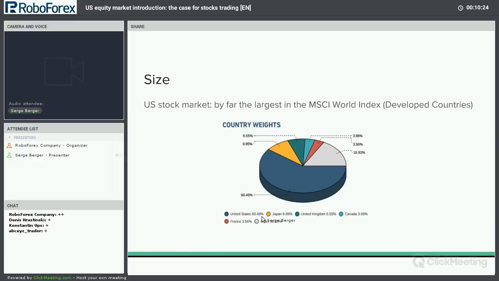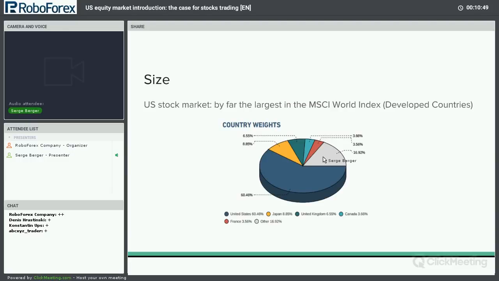That's followed next by Japan as a single country. And then, of course, you have the rest here, which is divided up fairly evenly. So you can see that the US stock market alone within the developed world makes up well more than half of the global stock market if you look at the developed market countries.